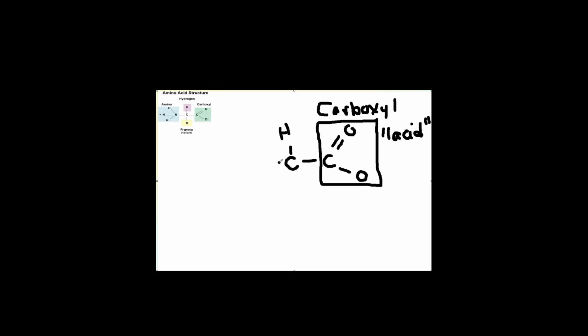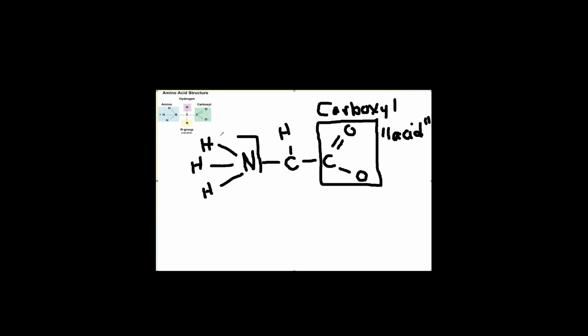Now where nitrogen comes in is on the other side. We'll have a nitrogen base bonded to either 2 or 3 different hydrogens. Okay, this one shows 3 here. So we have nitrogen and hydrogen making up the other side of the amino acid.